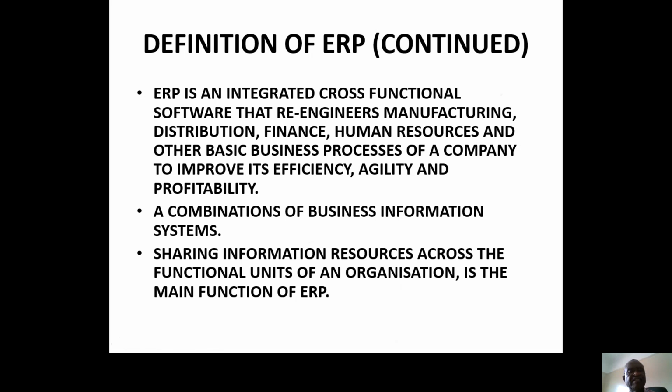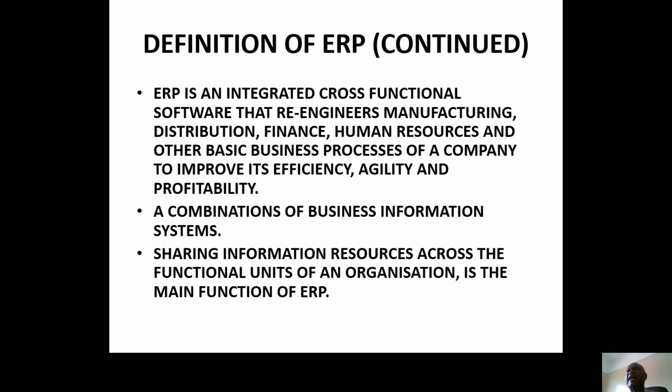So how do you define that? I'll keep on bombarding you with the definitions. It's an integrated system, right? Look at the divisions which are integrated: manufacturing, distribution, finance, human resources, marketing, and everything. A combination of business information systems.